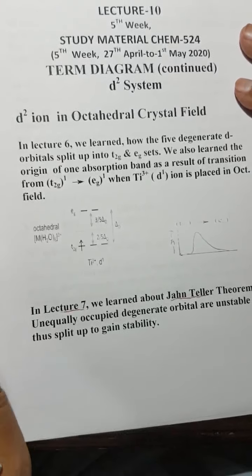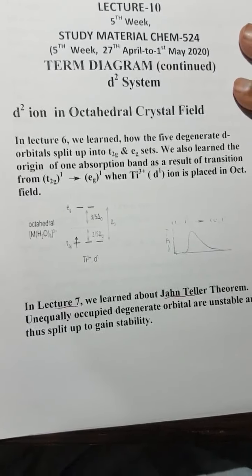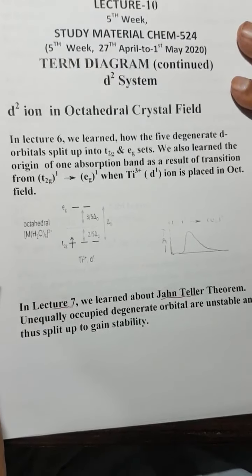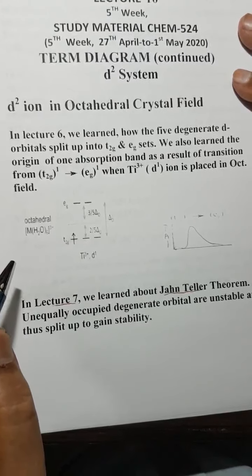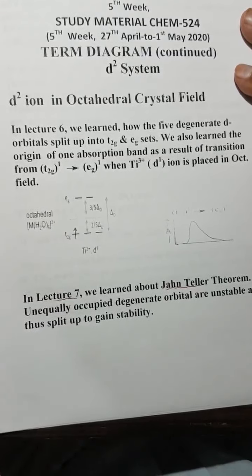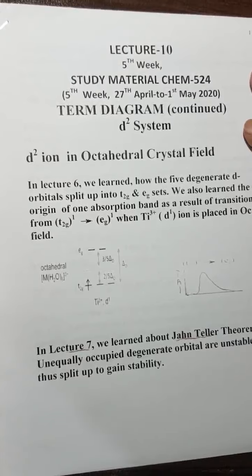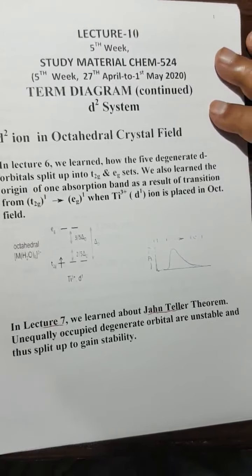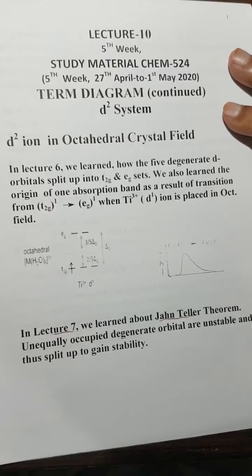I think I have succeeded in giving you a feeling of how various bands, absorption bands, come in absorption spectra of metal complexes. For example, in lecture 6, we learned how the 5d orbitals split up.